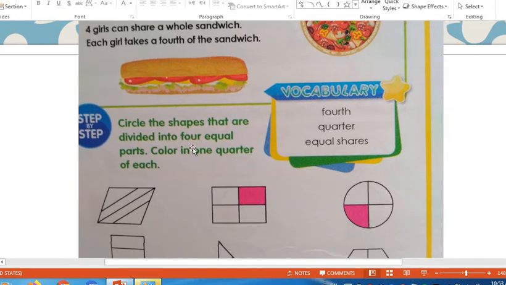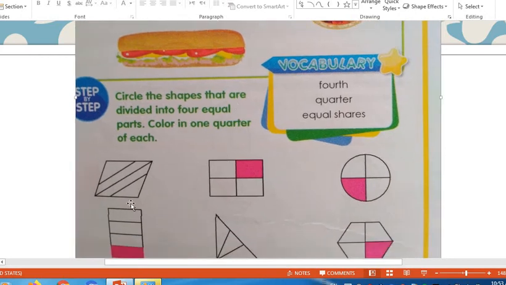Circle the shapes which are divided into 4 equal parts. Color in 1 quarter. Here I have 4 parts, but they are not equal. And here I have 4 parts, and they are equal, so I will color just 1 quarter. 1 of the 4 parts, so it's called quarter, or 1/4.